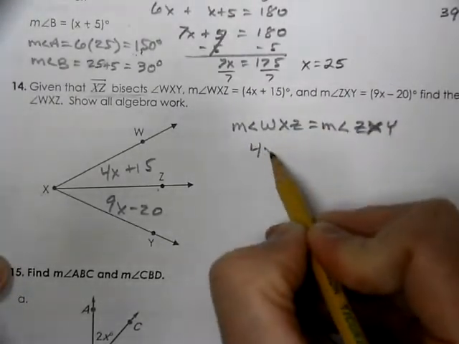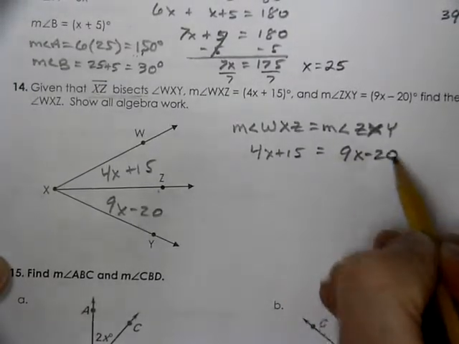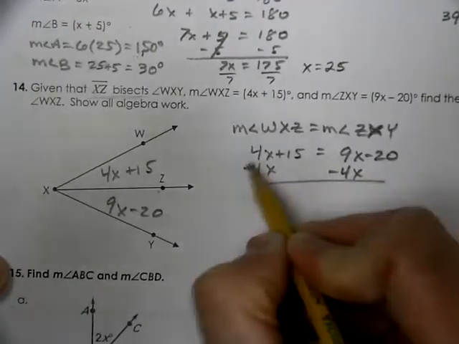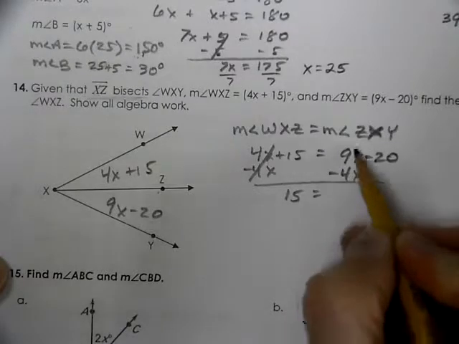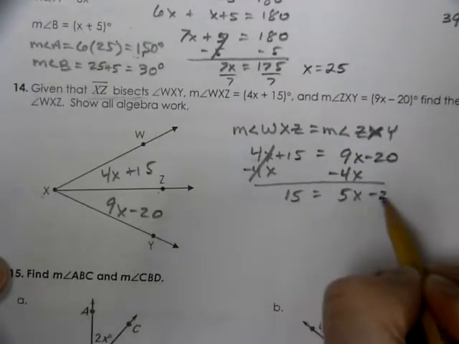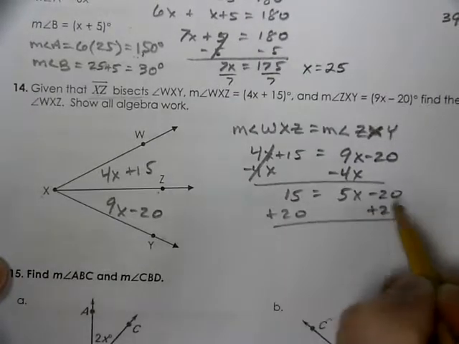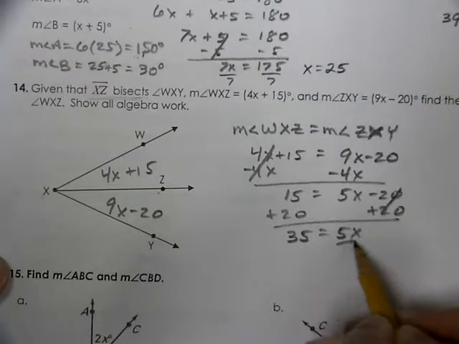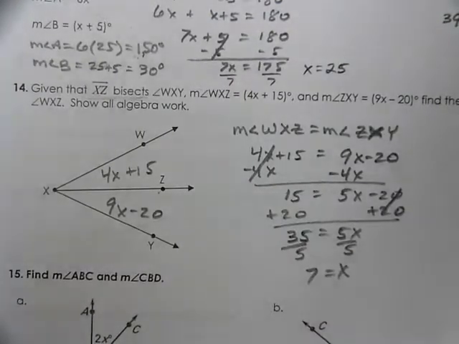So by substituting in our values, we can do the subtraction property of equality, and the addition property of equality, and divide that out. And we find out that x is going to be 7.